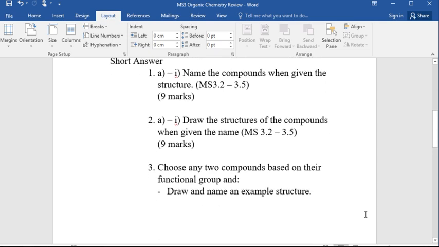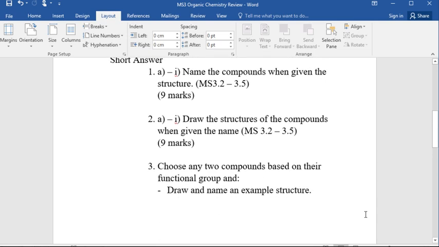Then the hand-in assignment that you did. So the 3.6, which we looked at esters, ethers, carboxylic acids, etc. What I'm going to get you to do is choose any two compounds based on their functional group, and draw and name an example.